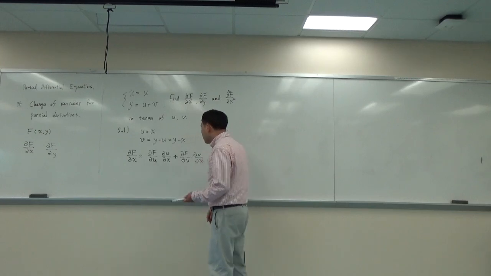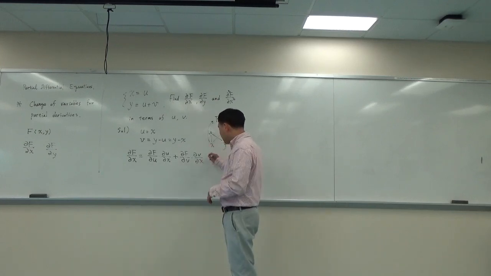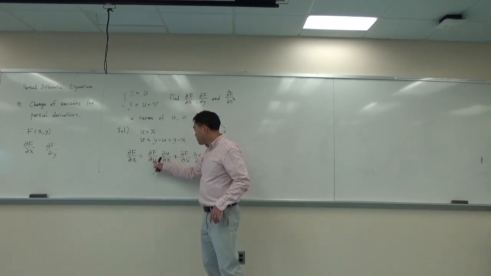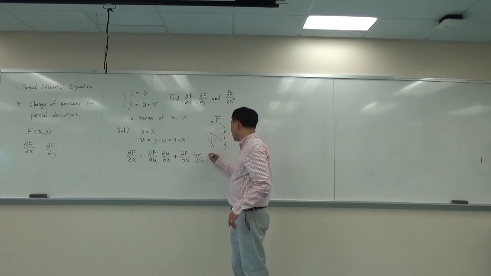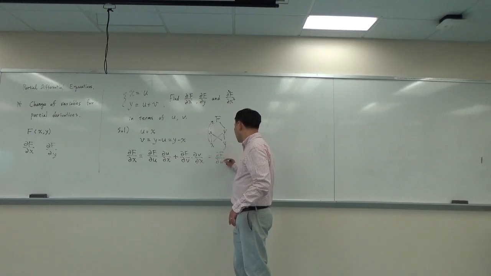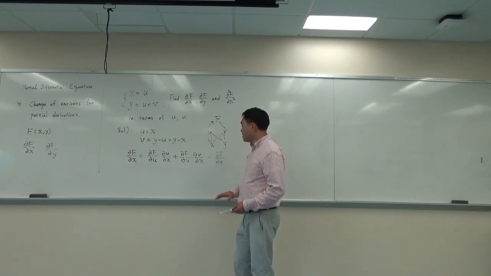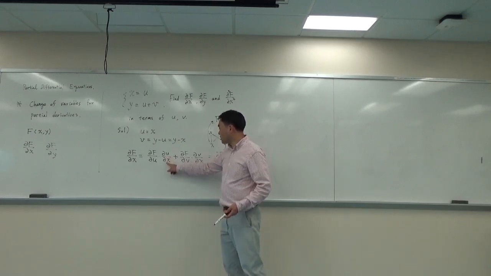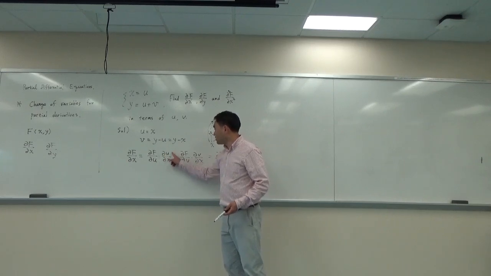All right, so now this is okay: partial of F, partial U. That just has F and U. What's not okay is partial U, partial X. I need to figure out what this is.